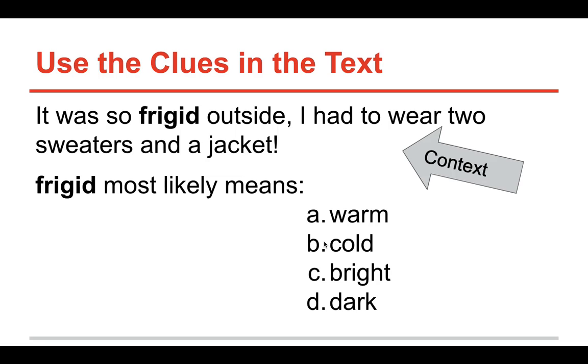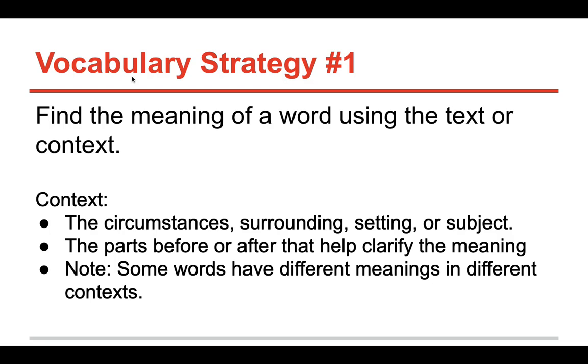So this is an example of using the clues in a text to figure out, to define, the meaning of a word. This is our first vocabulary strategy: find the meaning using the text or context. Context is defined as the circumstances or the surroundings or the setting, your environment.